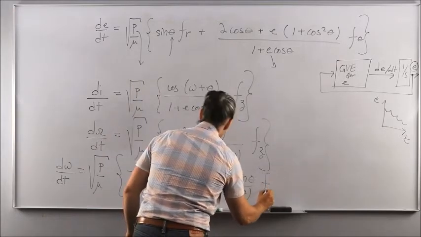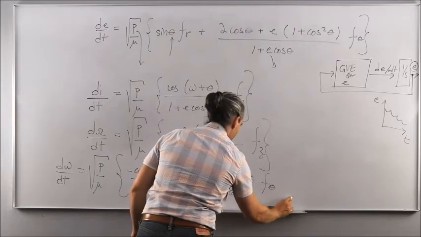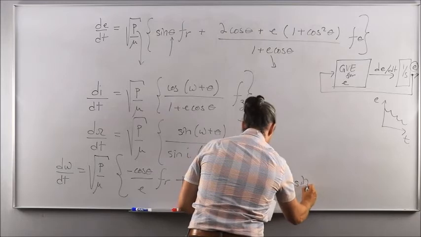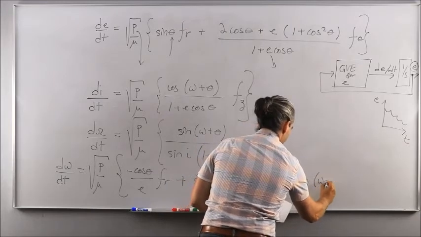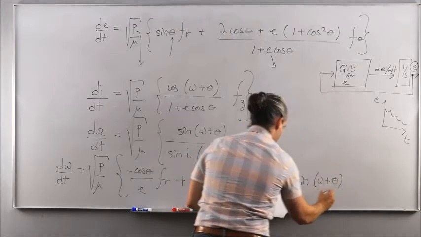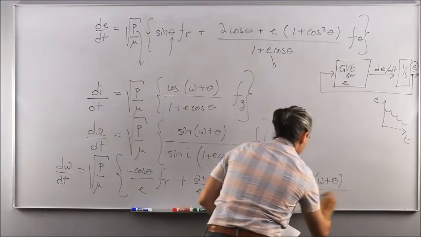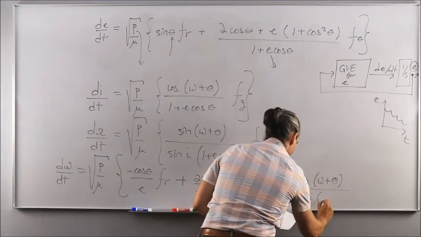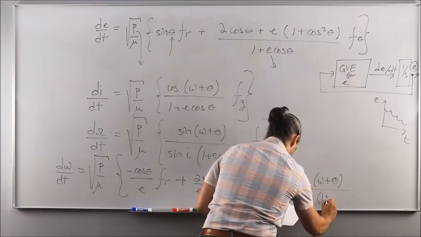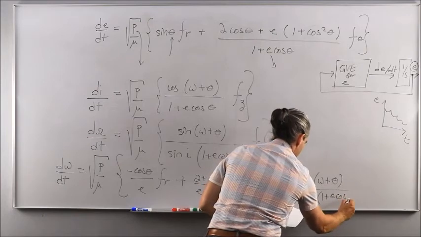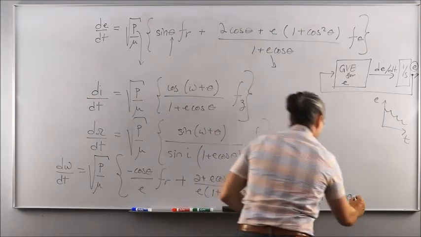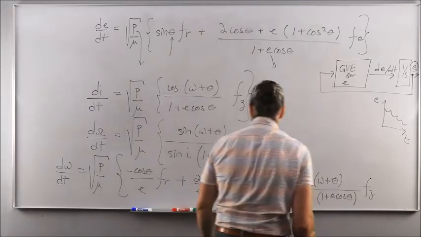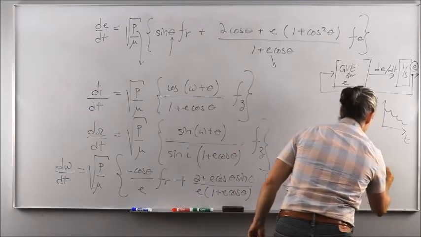And this is what multiplies the y component of our perturbation, and then minus sine of argument of latitude, omega plus theta, divided by tan of inclination times 1 plus e cos theta, close the parenthesis, and this is whatever multiplies the z component of our perturbation, like that.